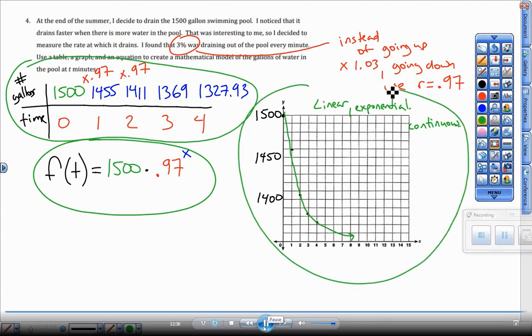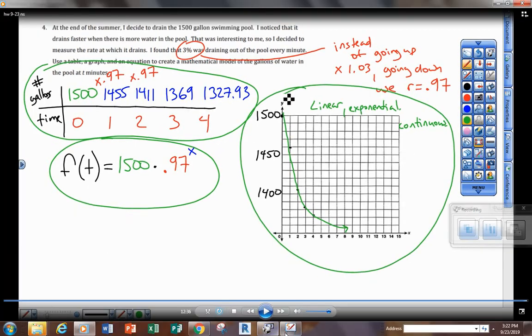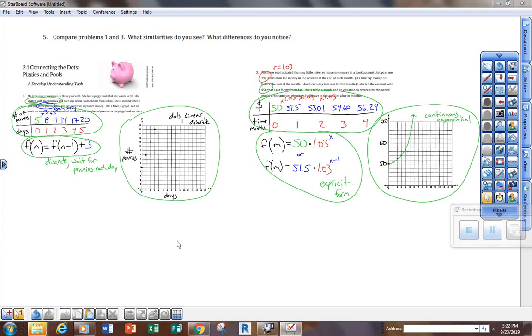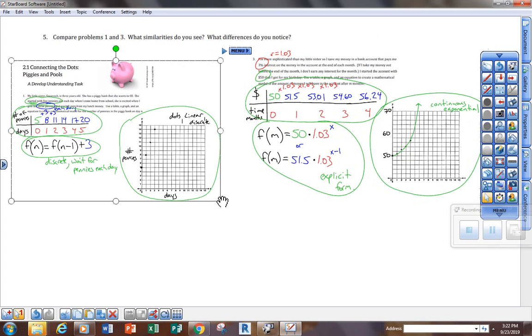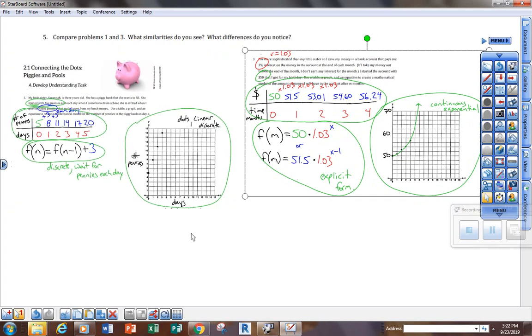Alright, the last two problems you're going to compare. So I'll try to open that up right here. Again, for number 5, you're comparing problem number 1 right here to problem number 3, similarities and differences. They're similar because they're both increasing. They both have a zero term. You could write an equation for each one of them. They give you data to graph.